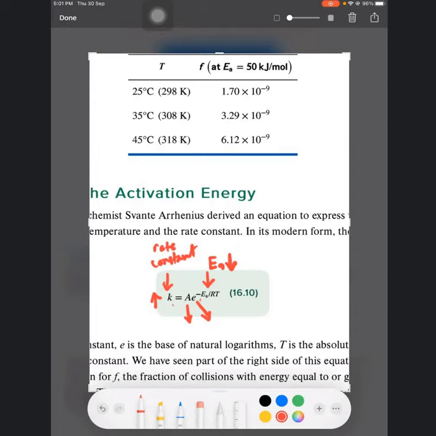Sebab dia exponential, lepas tu dia ada bahagi kat situ kan. So mathematically you all just hafal saja the activation energy low, then our K will be increases. So bila K increases, makanya rates of reaction increase. Itu saja.